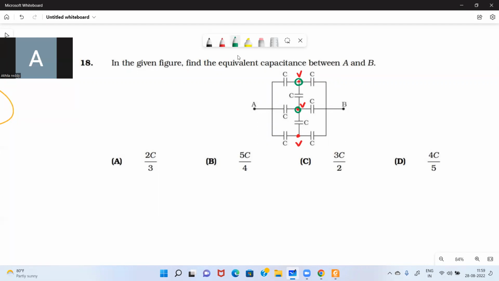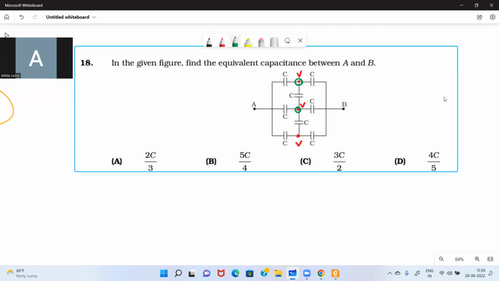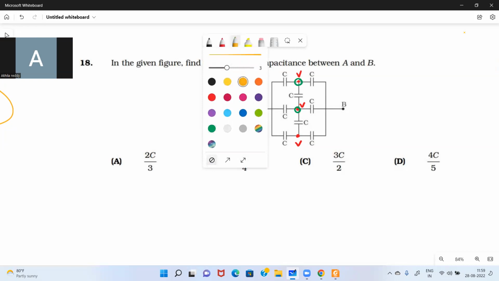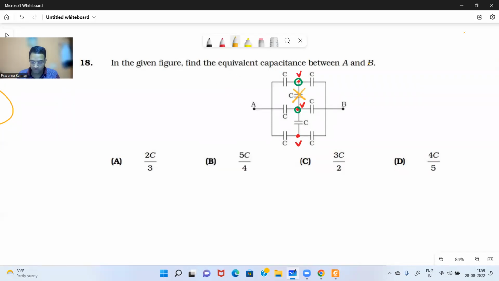If there is no potential difference, in case of resistors, we understand that no current will flow, correct or not? In this case, no charge will be stored in this capacitor. Therefore, these two capacitors will store no charge, so they can be removed from the circuit. Are you clear?